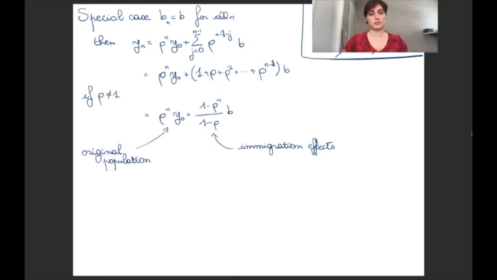If rho is different than 1, this multiplication of b can be rewritten as 1 minus rho to the power n divided by 1 minus rho. And here you notice nicely how the first part, rho to the n times y_0, is the original population growth, or decrease, and the other section is immigration effects.